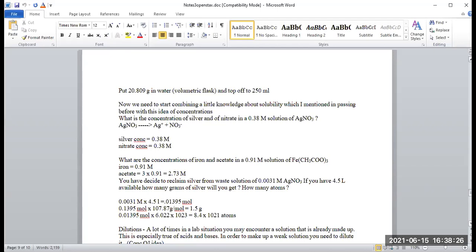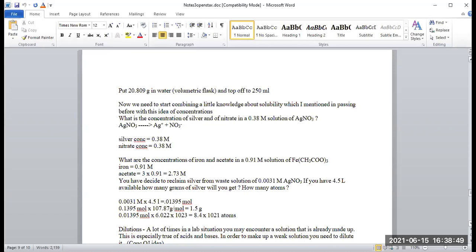But think of it kind of like shoes, okay? If you look in your closet and there are 3 pair of shoes, presumably that means there are 3 left ones and 3 right ones. So kind of think about that idea in terms of your silver and your nitrate. You're not dividing by 2.